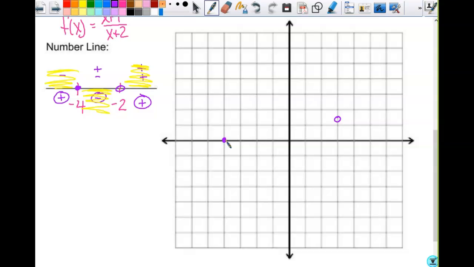I have a vertical asymptote at -2. I have a horizontal asymptote at y equals 1. And I have a y-intercept at 0, 2.